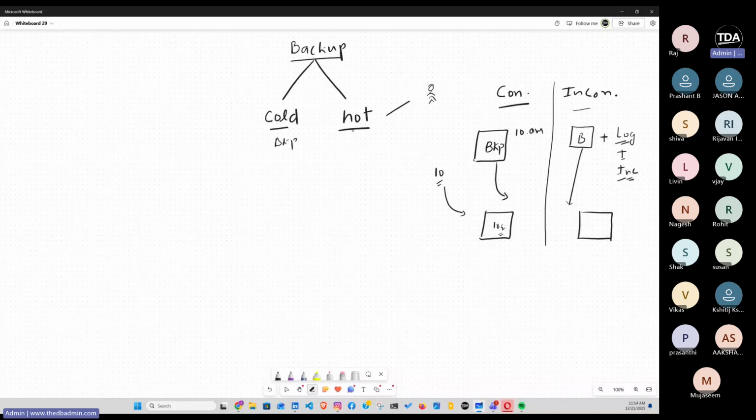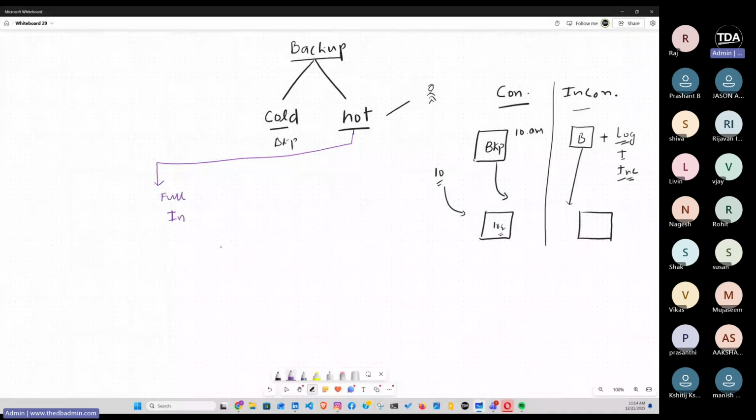In the continuation of hot backup, we have to understand a few more concepts. One is full backup and incremental backup. Meaning to say, 0 I will consider as Sunday, 0, 1, 2, 3, 4, 5, 6.